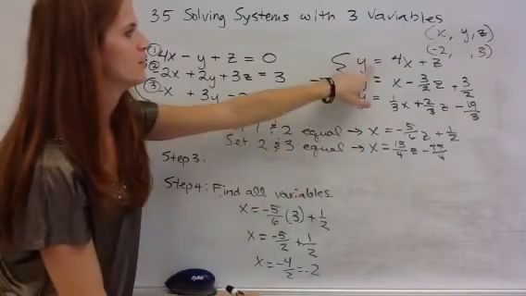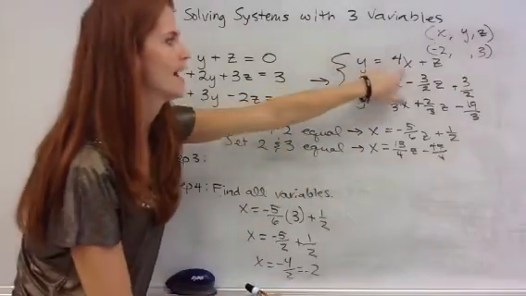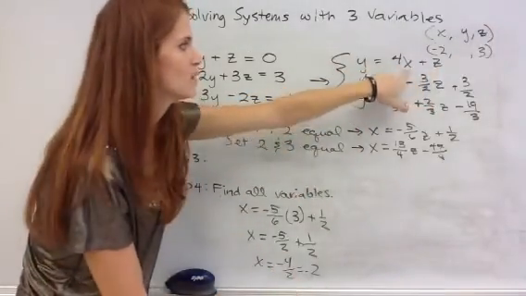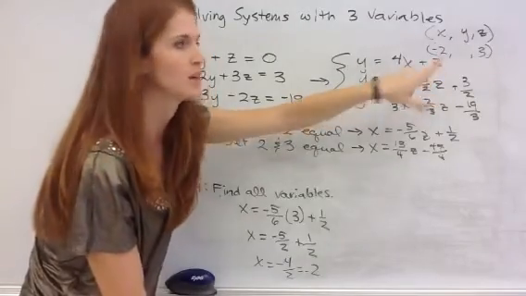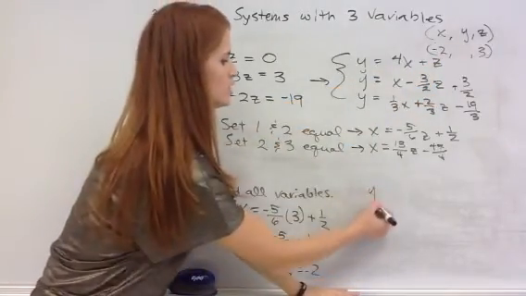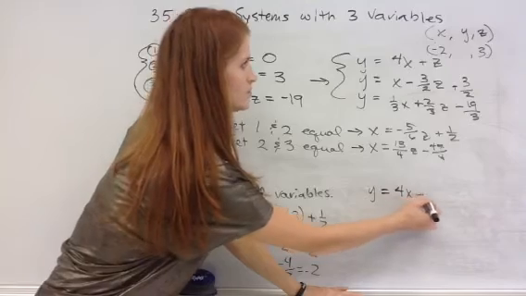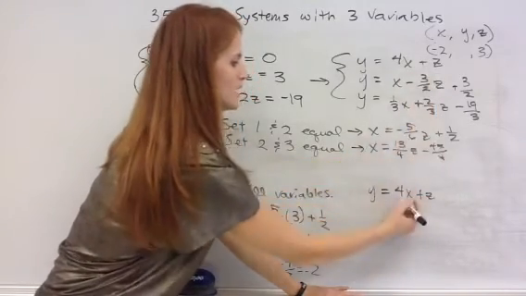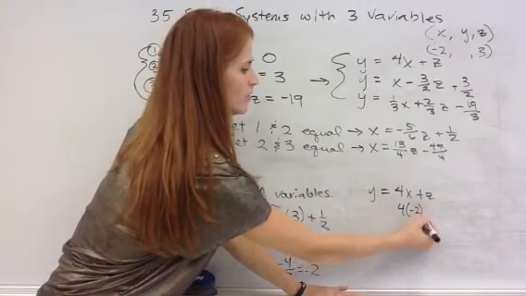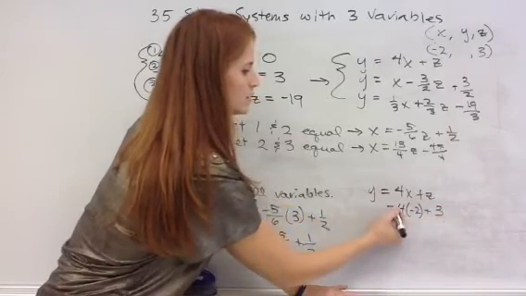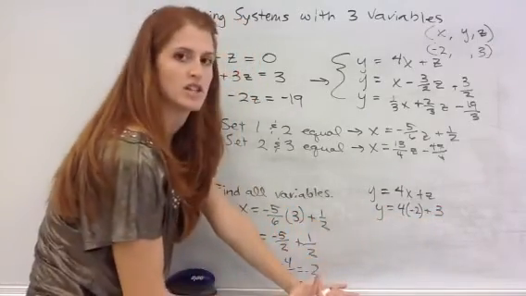So, if you notice back up here, we have y, x, and z. I now know x and I know z, so I can plug them in to find y. So y equaling 4x plus z. I'm going to take my negative 2 in here, and my 3 here. Now I just evaluate.